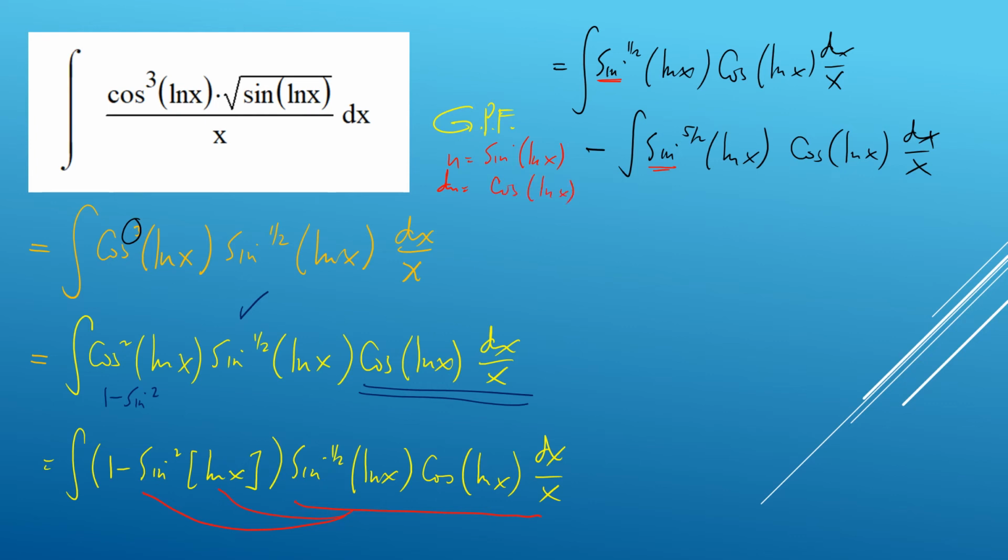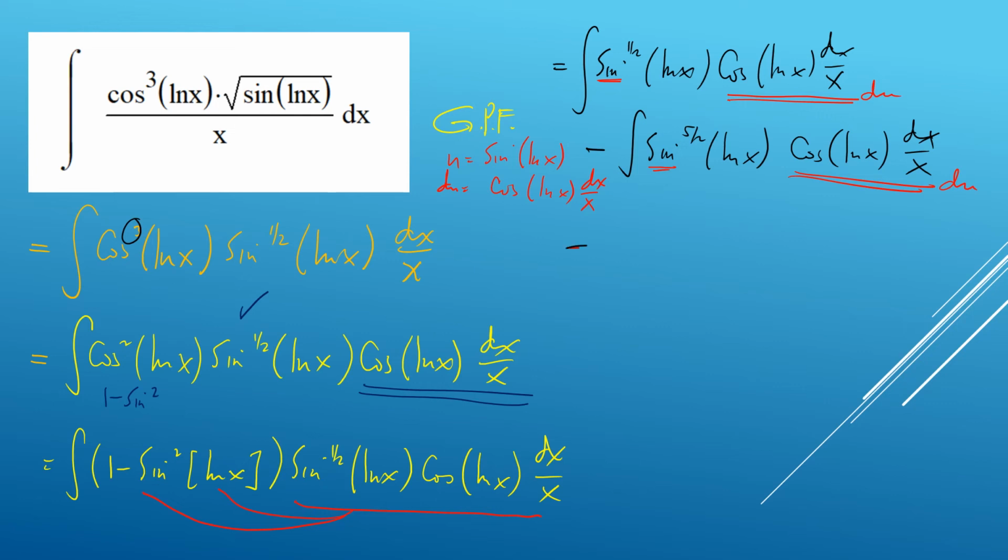Derivative of ln x is 1 over x times the differential dx. So that is our du. And we see that for both integrals, you have the complete du. So you can apply immediately the power formula.